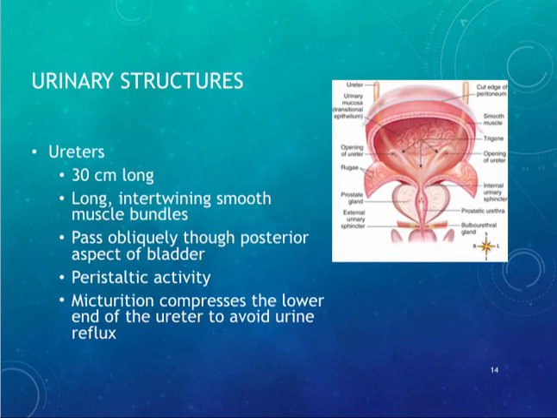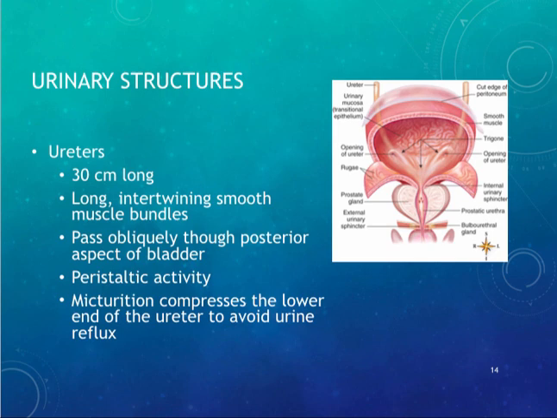In terms of urinary structures, like I already mentioned, you have your ureters. They're relatively long, going down from your kidneys to your bladder. They're composed of smooth muscle, and there's peristaltic activity pushing the urine down to the bladder. I'll talk about this in a minute, but micturition basically means urination. A lot of this is regulated by your nervous system.